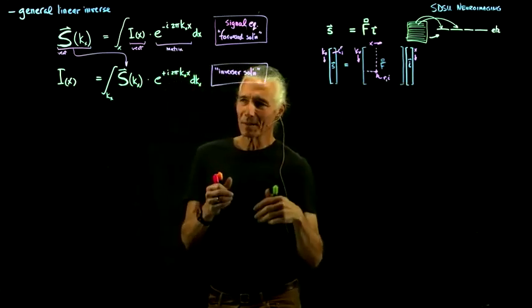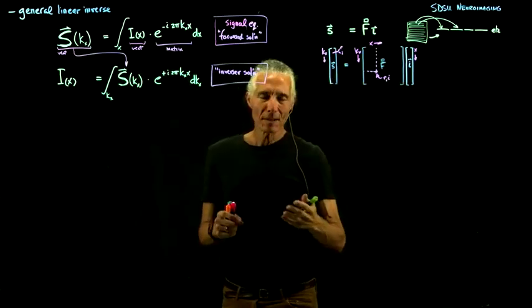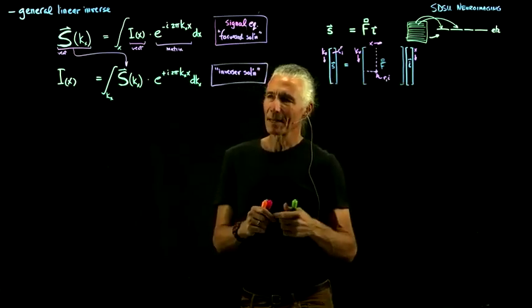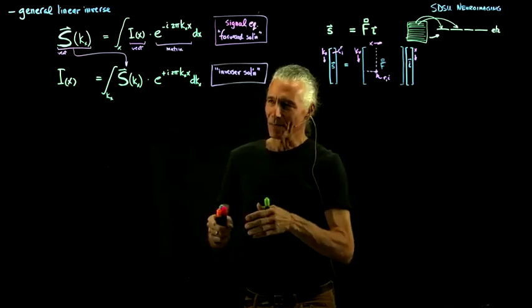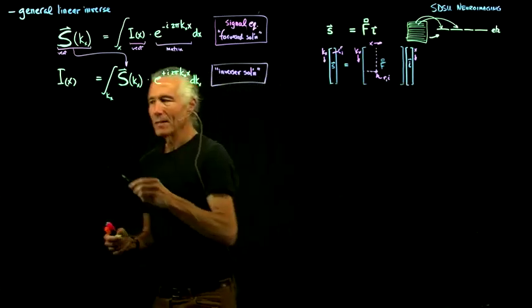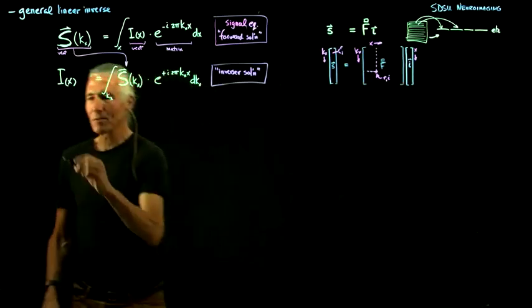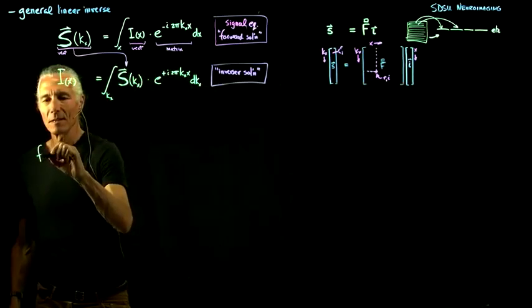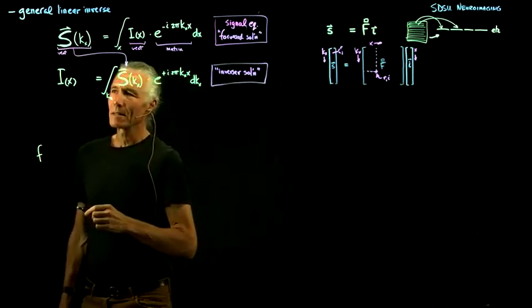I haven't really talked about echoplanar imaging, like you do for functional MRI. I'll talk about that next week, but I'll give an example from it, so I'm slightly jumping ahead. So here's our f that we're going to stick in there.